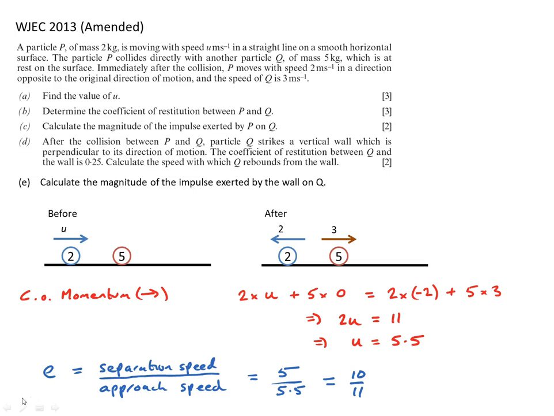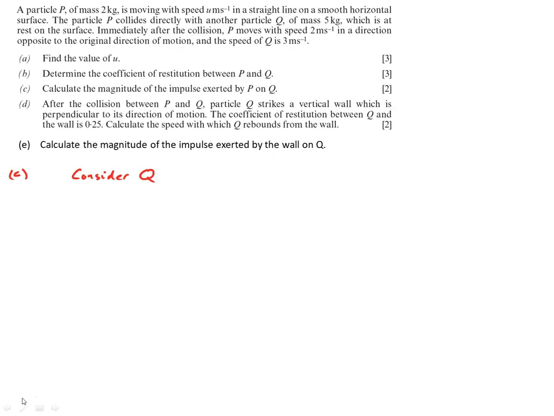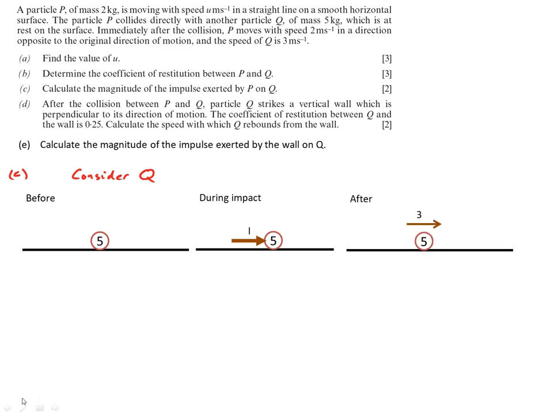To calculate the magnitude of the impulse exerted by P on Q, we need to consider Q carefully during the course of the impact. Just before the collision, it's stationary. During the collision, it receives an impact from P, and just after the collision, it's moving off at 3 meters per second.